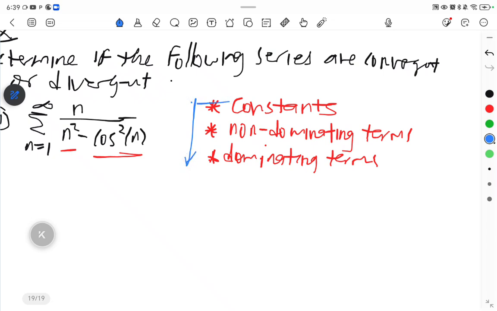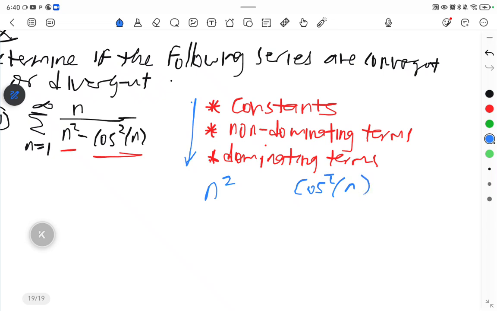Usually, we don't reduce this one, because it's the dominating one. I said there's no constant, so I must compare between non-dominating terms and dominating terms. So I must check between n squared and cos squared n. Which one is dominating, which one is not? Meaning which one gives us bigger numbers, which one gives us small numbers.